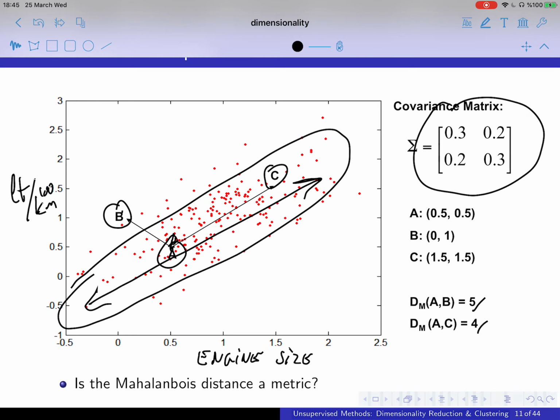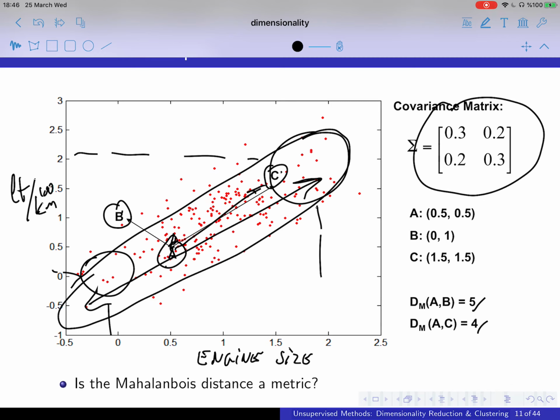And this is what you expect, right? Smaller engine cars tend to have lower consumption, and cars with larger engines tend to have more consumption, tend to be more gas hungry. So if you have these two cars, they're typical examples. A is a smaller car with a smaller engine that consumes less, and C is a larger engine that consumes more.